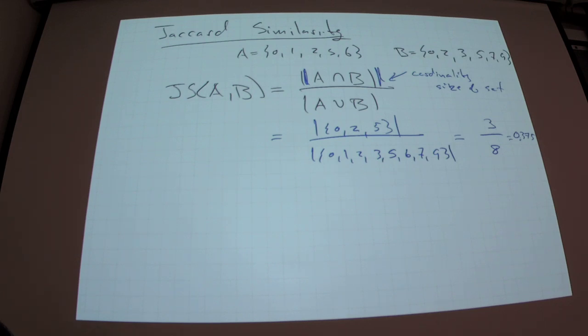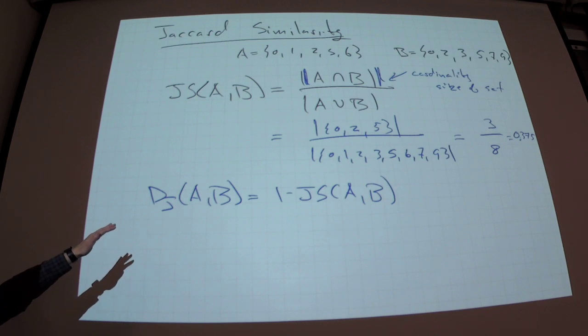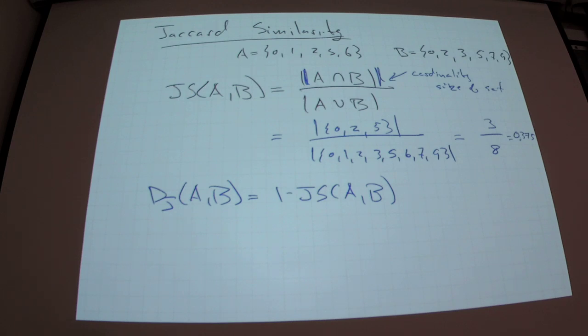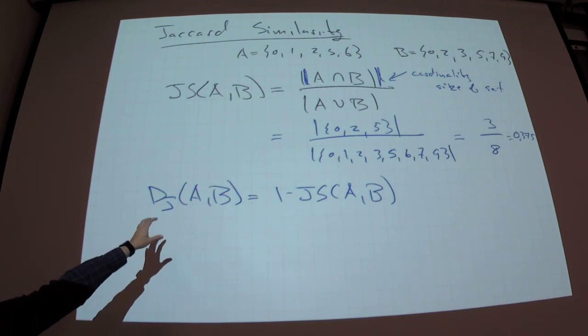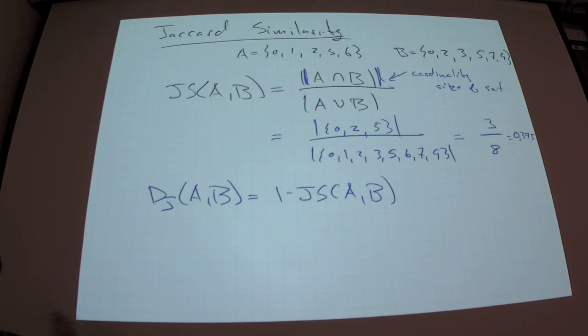So this is probably the single most common similarity between sets, and you can define the Jaccard distance of A, B to be 1 minus the Jaccard similarity between A and B. It turns out that this will be a metric. We'll discuss what that means in a week or so. But this turns out to be a nicely defined distance as well. So I can think of this as a distance, but it only goes between 0 and 1.